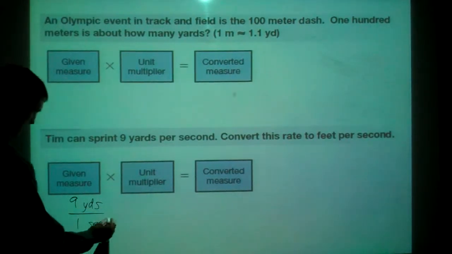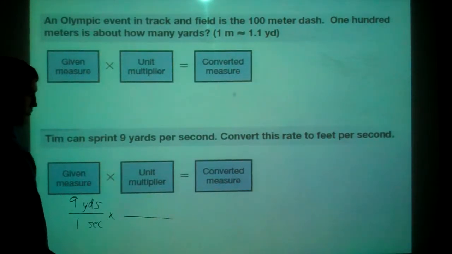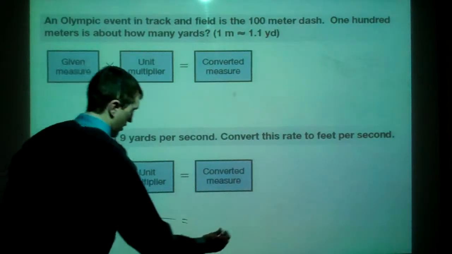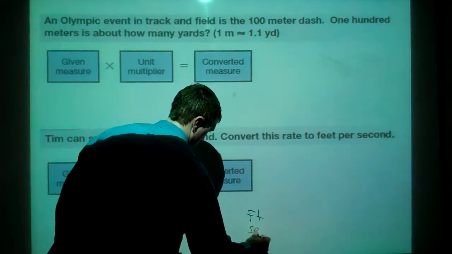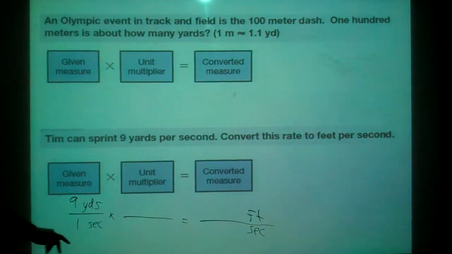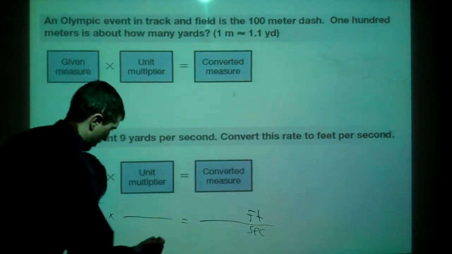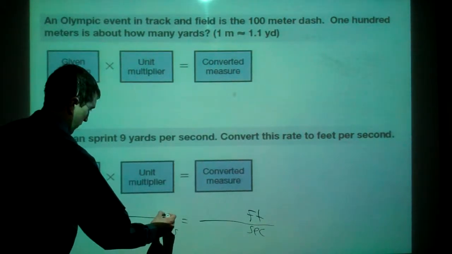We're going to multiply it by a multiplier because we want to get it into feet per second. So we want feet per second. Alright, so we don't have to change the seconds, we're only looking at changing the yards. So we want yards to cancel out with yards, and we want this to be in feet.